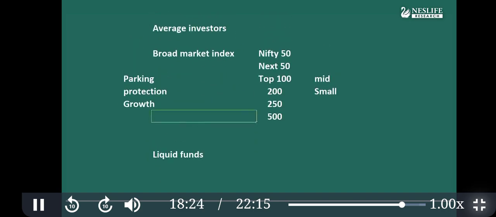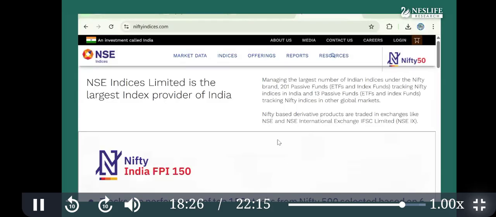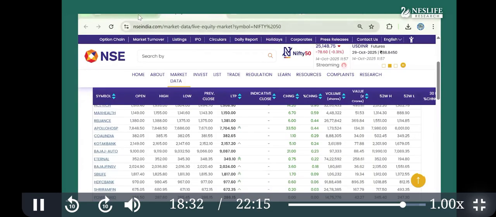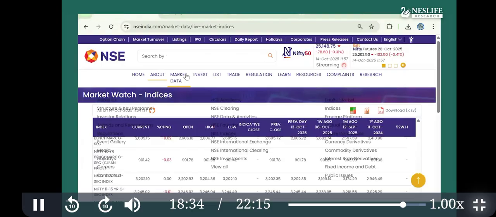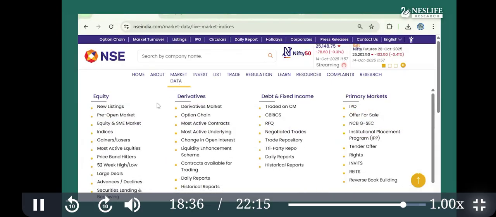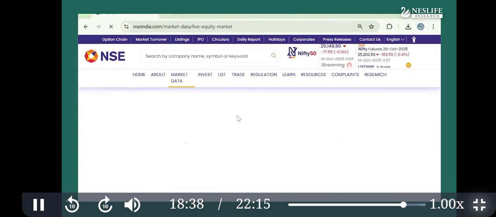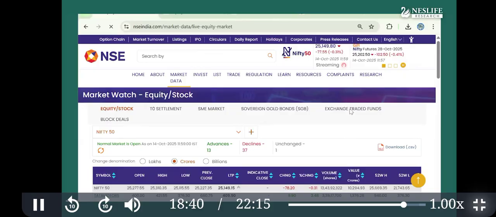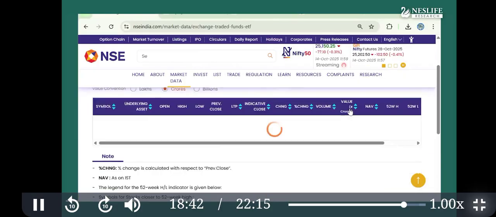Now let's see what the ETFs are. Till this time, I was discussing indices. Now let's find out the ETFs available. You should go here, market data. This is the NSE India website, and select ETF.